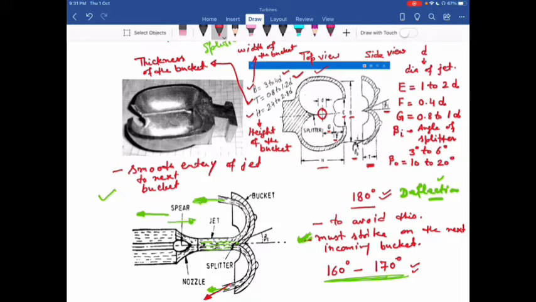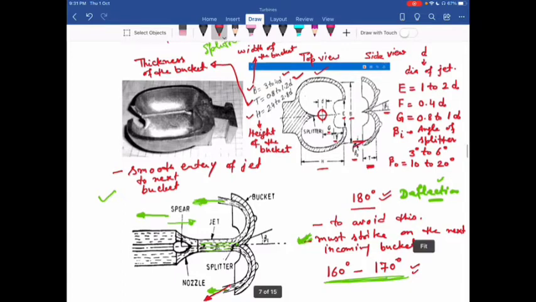Now beta O you can draw over here. This is the horizontal line, and at this edge you can draw a tangent that gives you angle beta O. So this angle is beta O, and it varies from 10 to 20 degrees. So these are the various dimensions of the bucket.